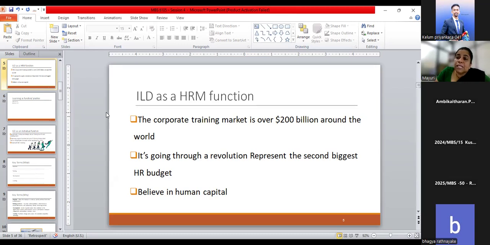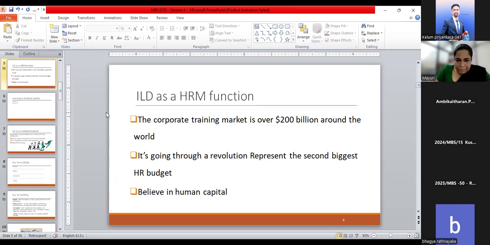We have changed our mindset, right? Today, in contemporary organizations, we never consider learning and development as a cost. We consider it as an investment, and their net benefit is always positive, right?